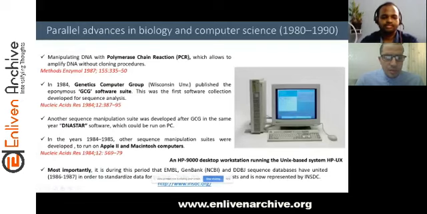Most importantly during this period, the EMBL, GenBank and DDBJ sequence databases were unified in the years between 86 and 87 in order to standardize data formatting. And today, this union still exists and is now represented by INSDC.